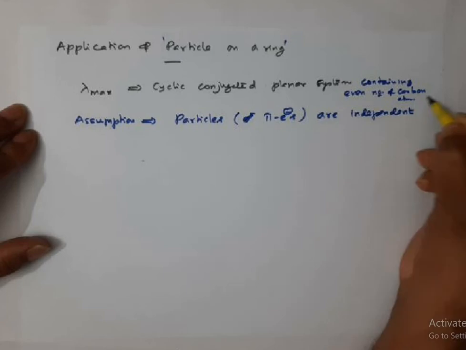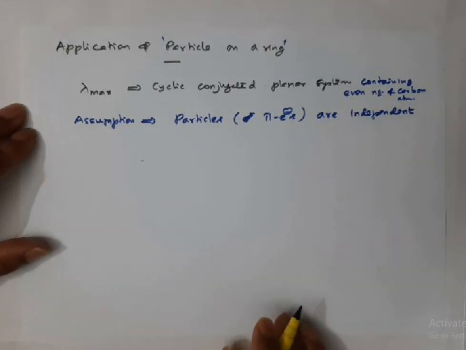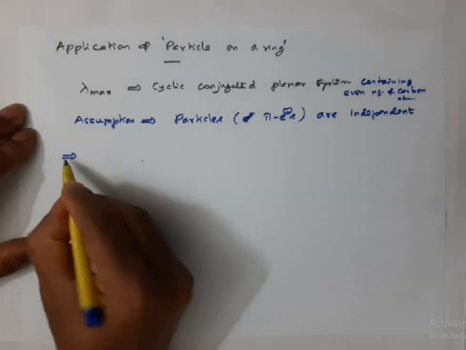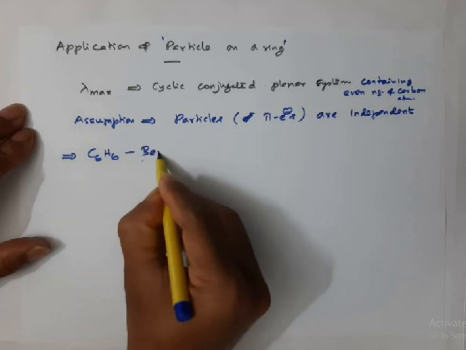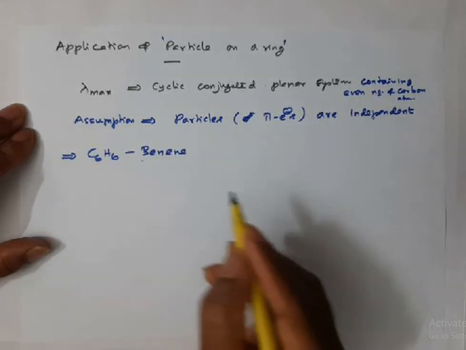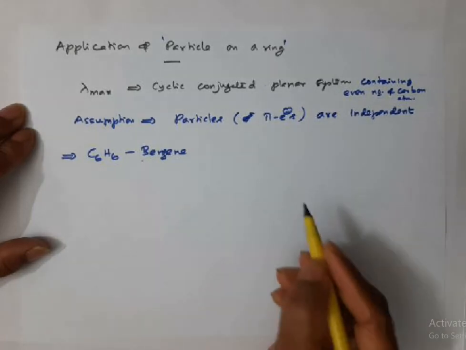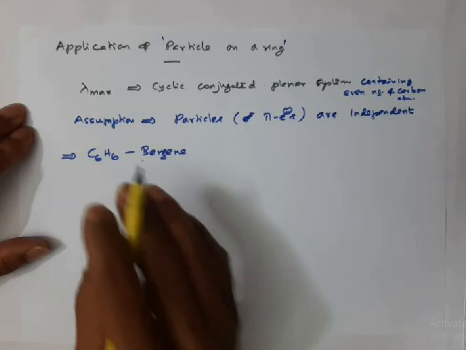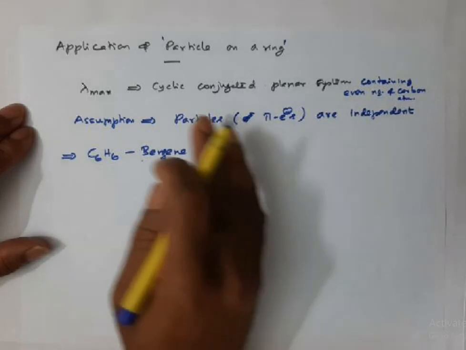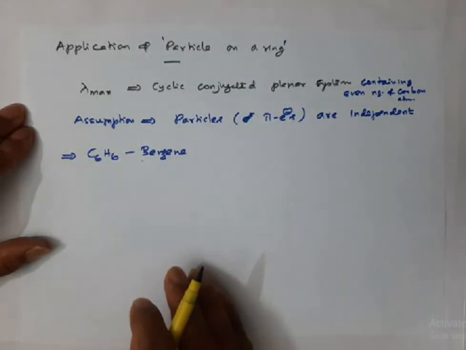Why? I'll tell you. Say for example, I'll take benzene, C6H6, the benzene molecule. For benzene, how to calculate the lambda max value? By using this particle on a ring model.